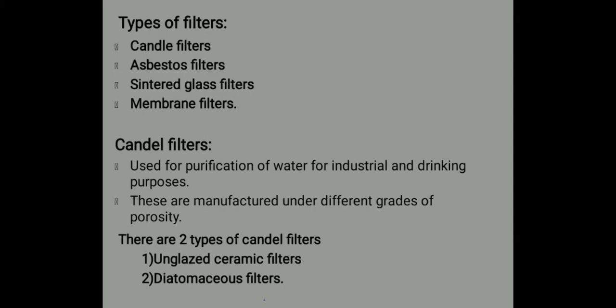Types of filters: candle filters, asbestos filters, membrane filters, sintered glass filters.